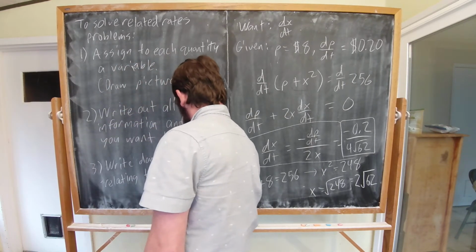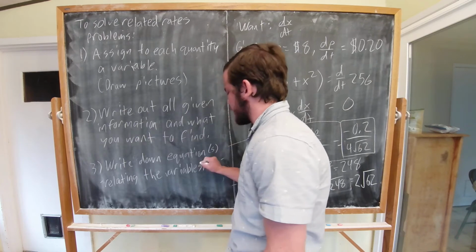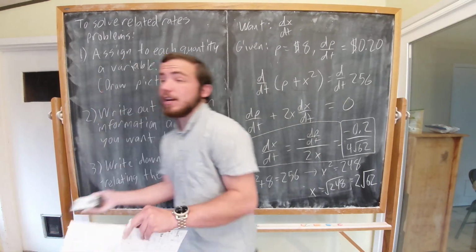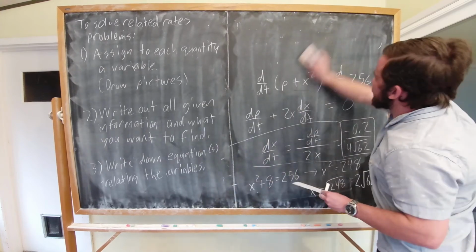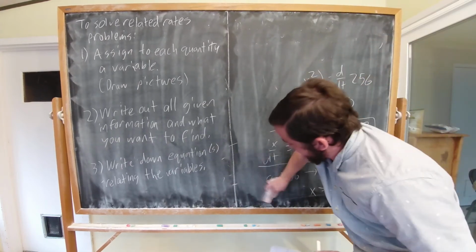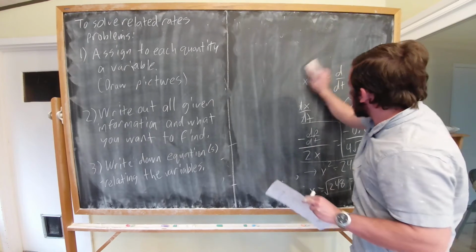That's all the work you really need to do. You're just going to now take the derivative and solve for everything that you want. Derivatives are your magic tool in this course. When in doubt, take a derivative.